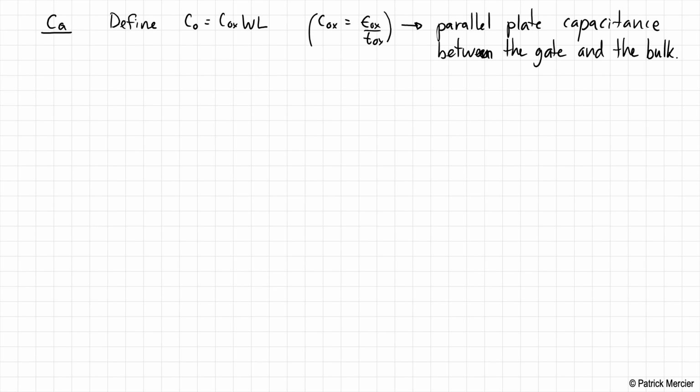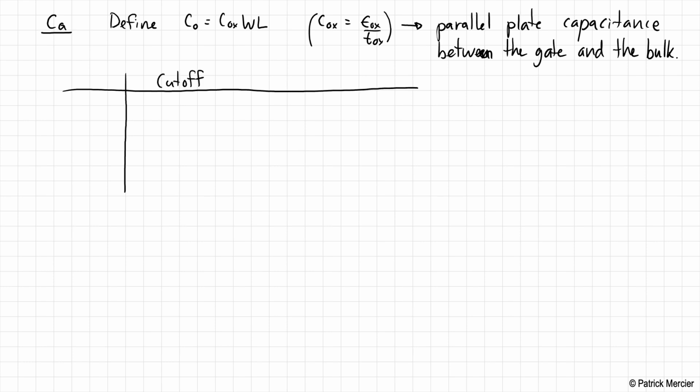Okay, so with that definition, let's go ahead and construct a table that will describe how much capacitance we're going to have in each of the three regions of operation. Okay, so let's construct the table in the following manner. We have the region of operation up here.